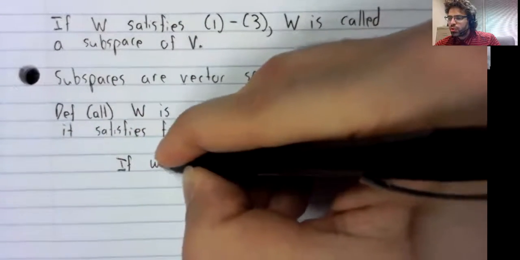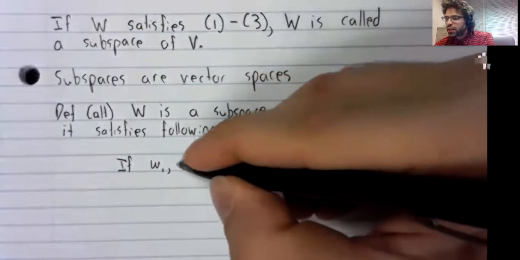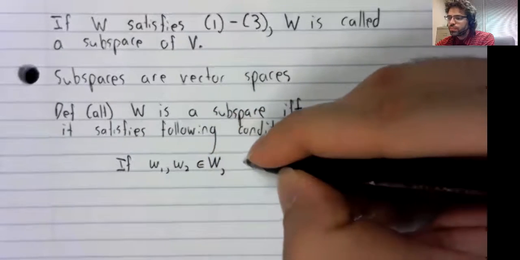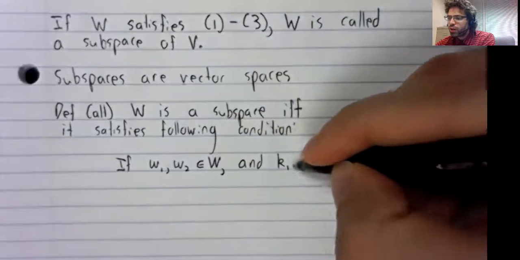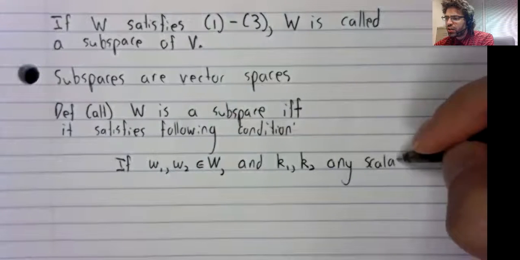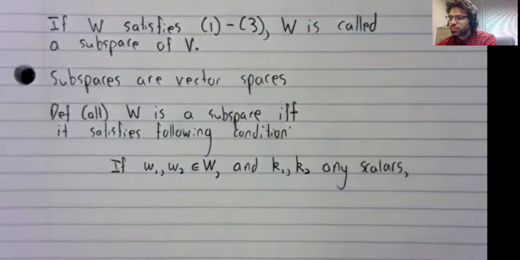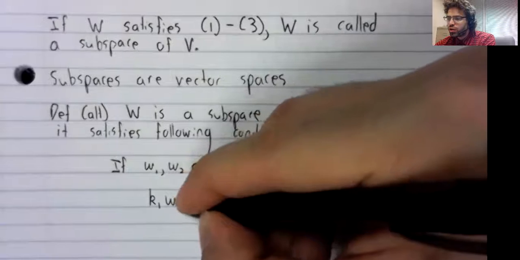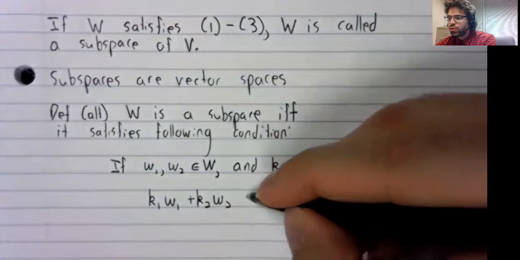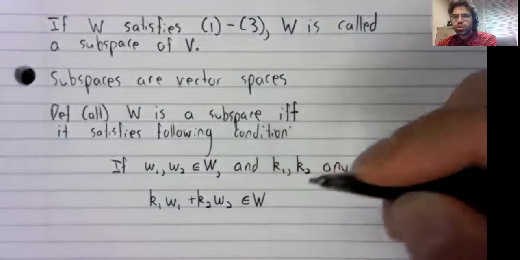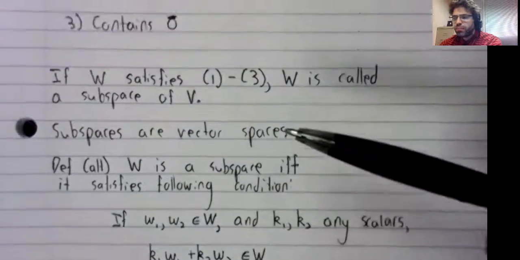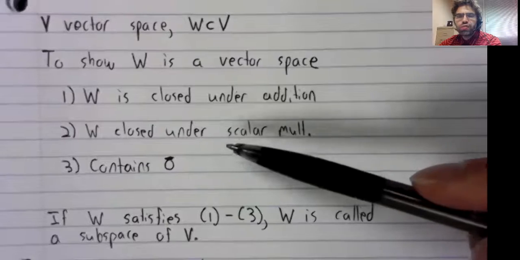If W1 and W2 belong to W, and K1 and K2 are any scalars, K1 W1 plus K2 W2 belongs to W. So this single condition gives you all of these.